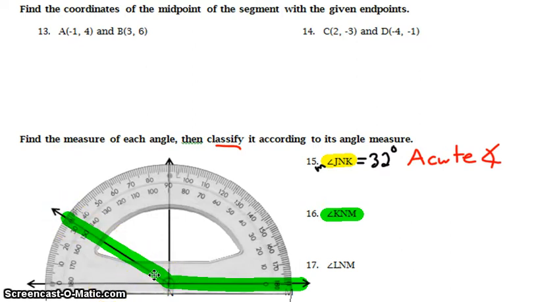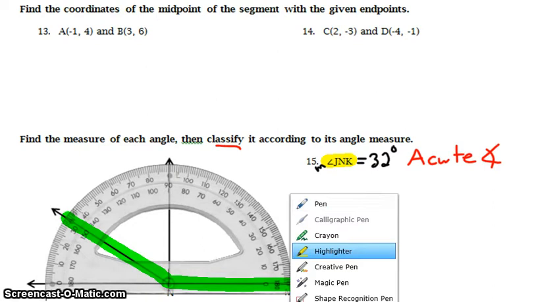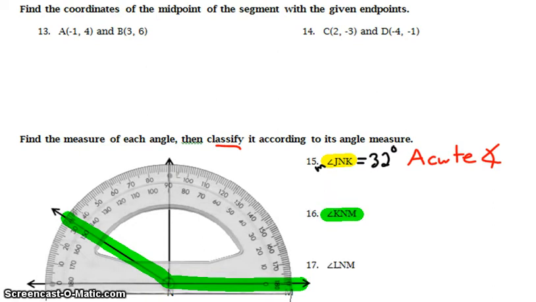Now this time, since it is an obtuse angle, I'm going to use the 148 degrees. So the measure of angle KNM is 148 degrees. And we said a moment ago that because it's bigger than 90 degrees, this is an obtuse angle.